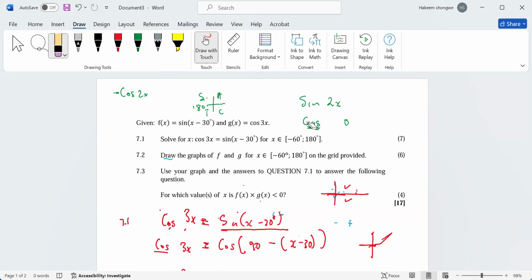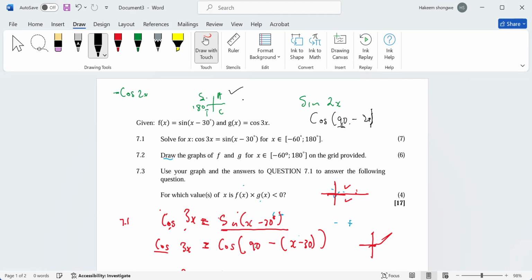But if a learner is given the cos of 90 minus 2x, where do you find 90 minus 2x? You find it on the first quadrant. Is cos on the first quadrant positive or negative?